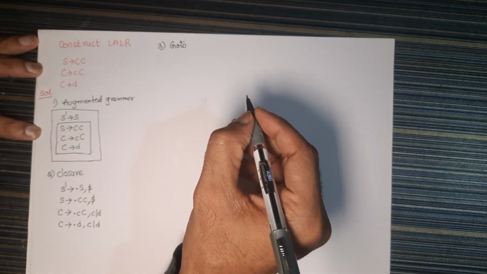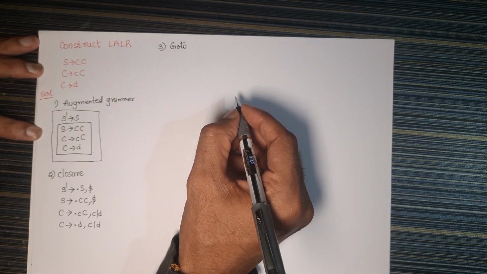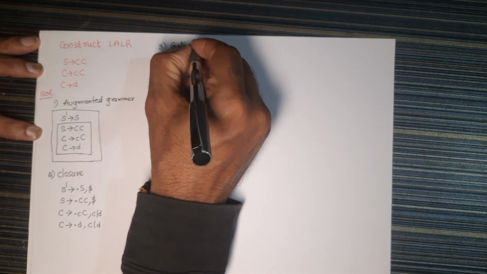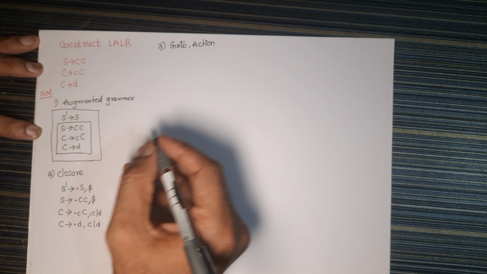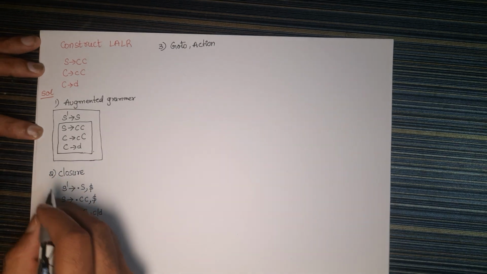Okay, we are going to find out the goto values as well as the action values. In order to find this, whatever closure values you have, you just write them as they are: S' → .S, $ as it is.